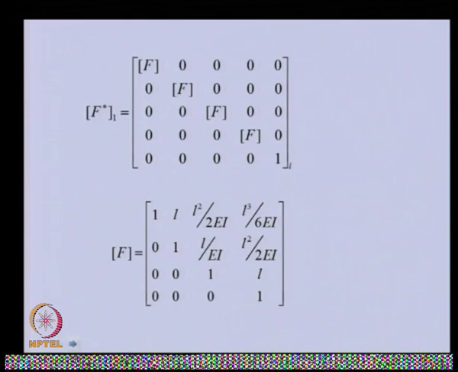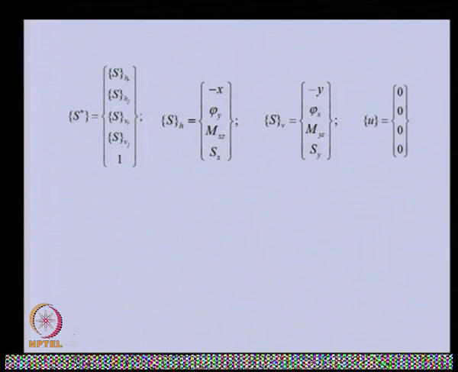So, the field matrix will be of this form, only diagonal terms will be there. There will not be any off diagonal terms, and the F will be the same as we obtained earlier for the without gyroscopic case. The state vector stacking is in this form: horizontal real, horizontal imaginary, vertical real and vertical imaginary components, and one state vector is represented like this.